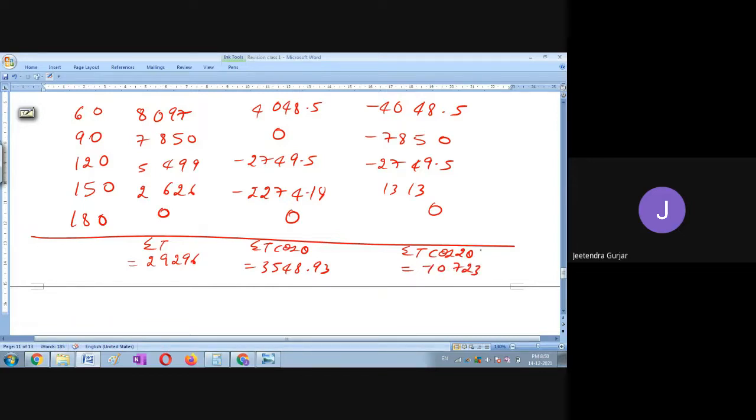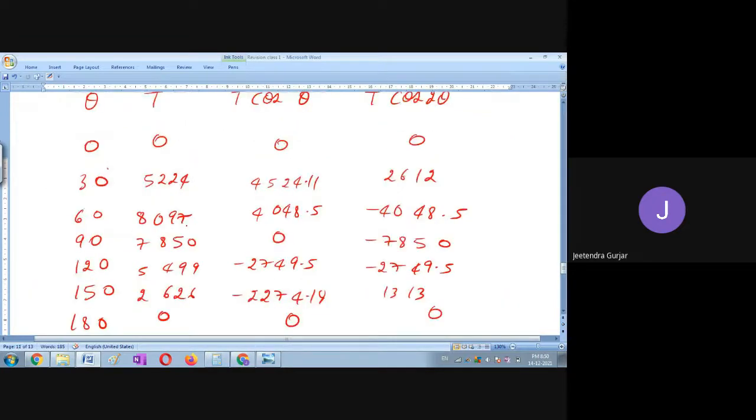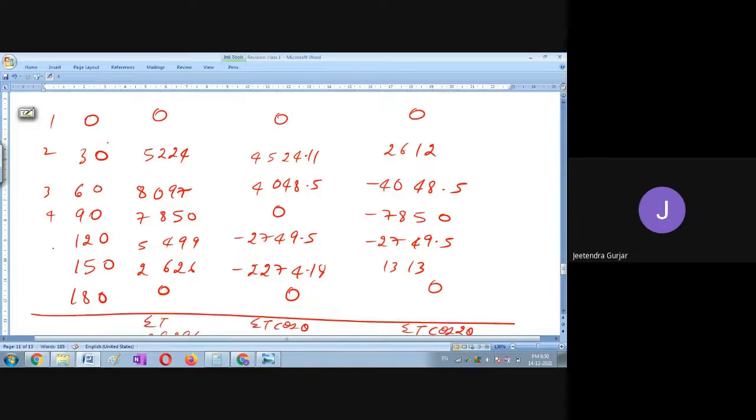See, after finding this, the important thing is you have to find a naught, a1 and a2 value. So I will tell you, see, a naught, you know the formula, it is 2 upon n summation t. Just substitute 2 upon 6. n is always 6. You can see, count the number here: 1, 2, 3, 4, 5, 6.